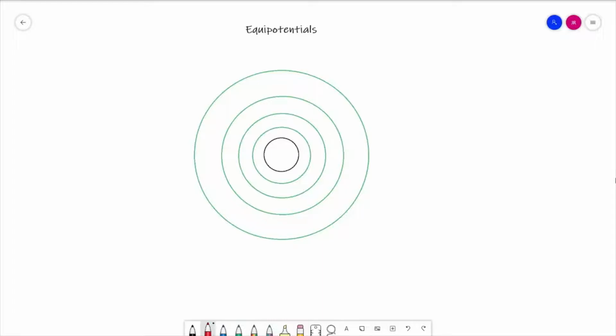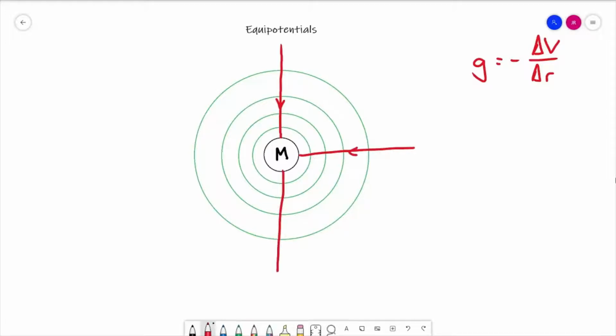Sticking with this study of equipotentials then, we've just seen that gravitational field strength is the negative of the potential gradient. Now what I want to do, onto the equipotential lines, is map the gravitational field lines, which we know are all pointing in towards the centre of mass.